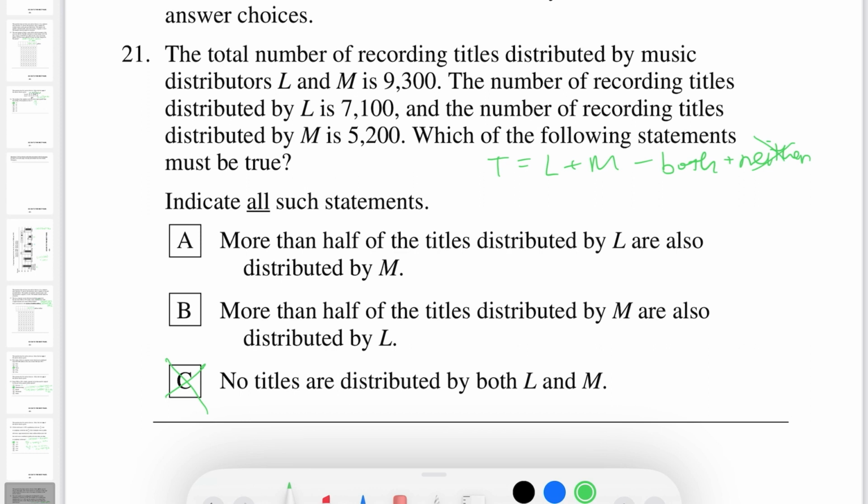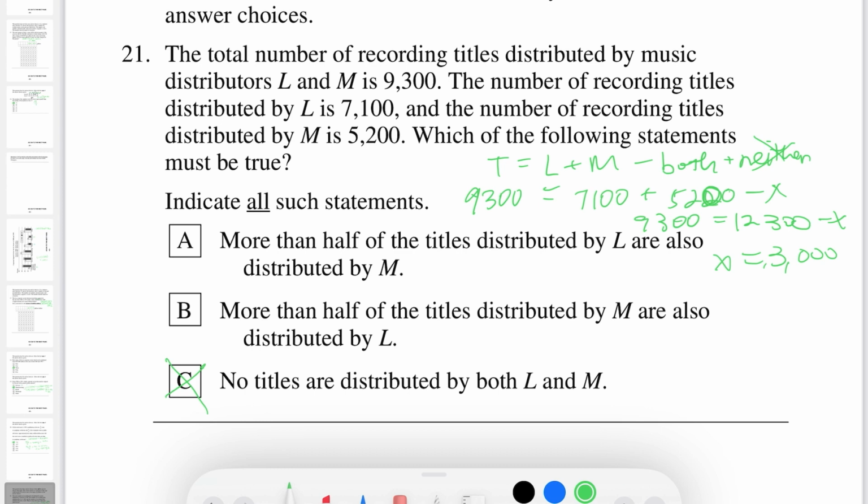But basically we have our total, we have each of them, and then we can solve for both. So 9,300 total is 7,100 plus 5,200 minus x, and let's solve for x. We get 9,300 equals 12,300 minus x, so x equals 3,000. So the overlap is 3,000 titles.